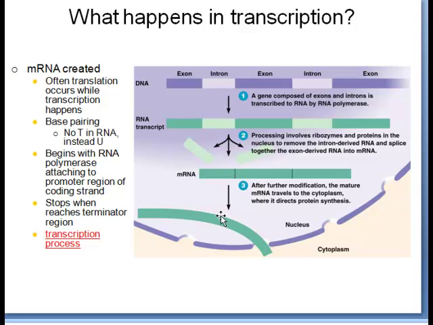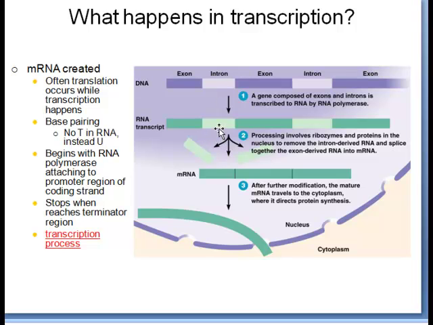Now, this particular image is a picture from a eukaryote because you can see a nucleus and a cytoplasm, but a lot of the steps are the same in the prokaryote, so I wanted to share this image. Notice that this picture shows regions called exons and introns. Introns are regions that do not have any code.